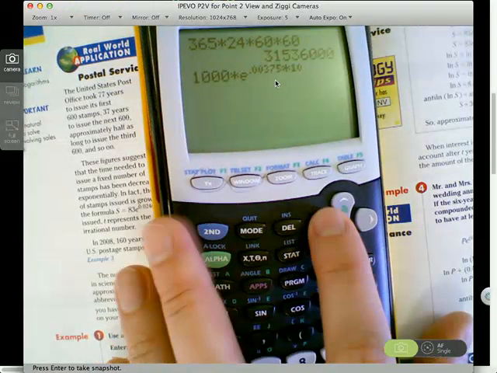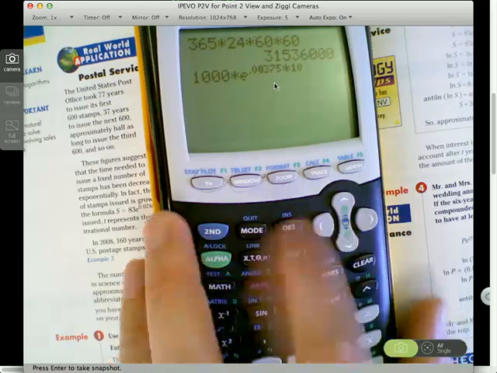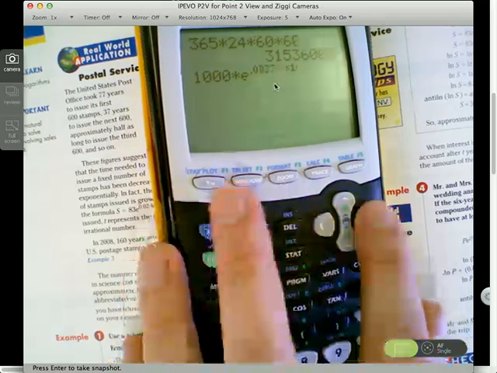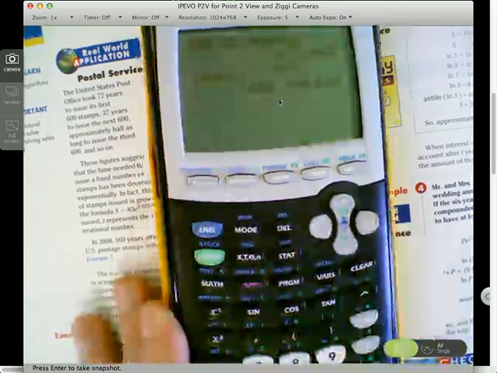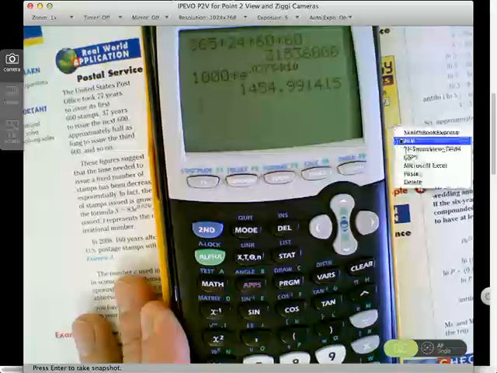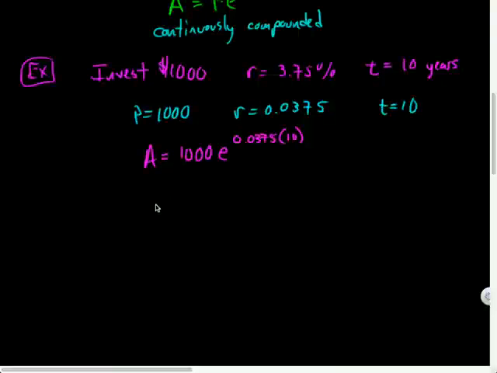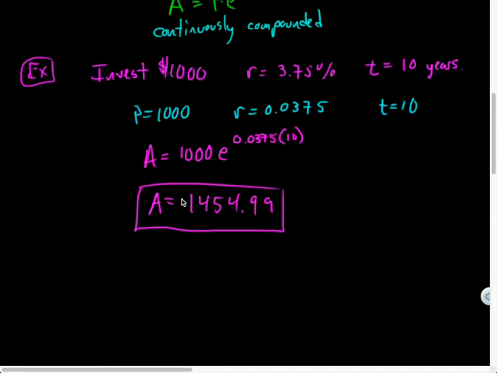Okay, so now if I hit enter on this, I get 1454.99. So not bad. Not bad at all.